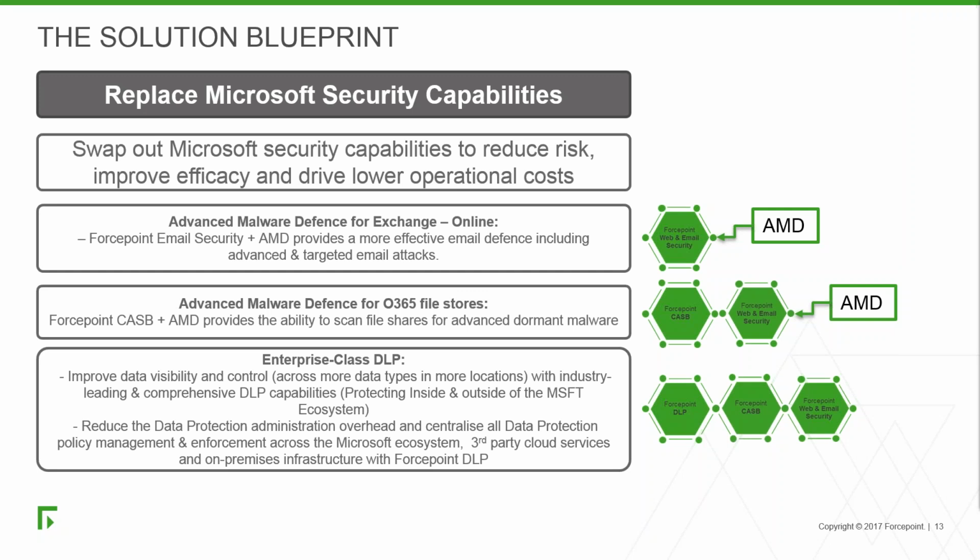Maybe they need a higher level of accuracy to reduce false positives. Quite likely, what they actually want to be able to do is fingerprint their unique information, because that's something the Office 365 capabilities aren't going to do. It's not going to understand what's unique to you. It's only going to understand generic compliance templates. And that's where our enterprise class DLP can come into play.